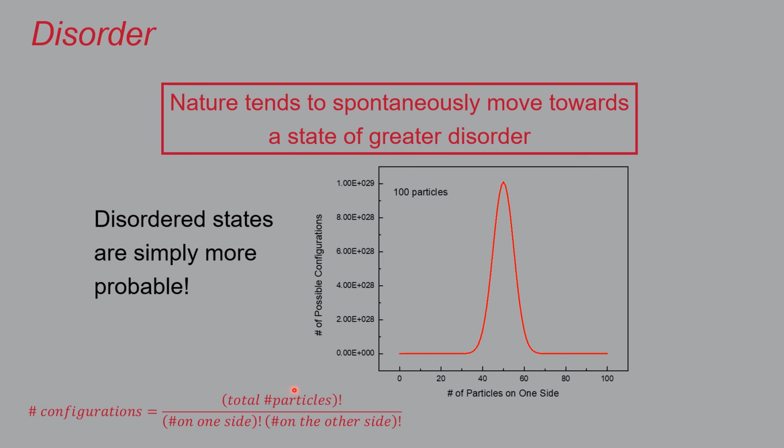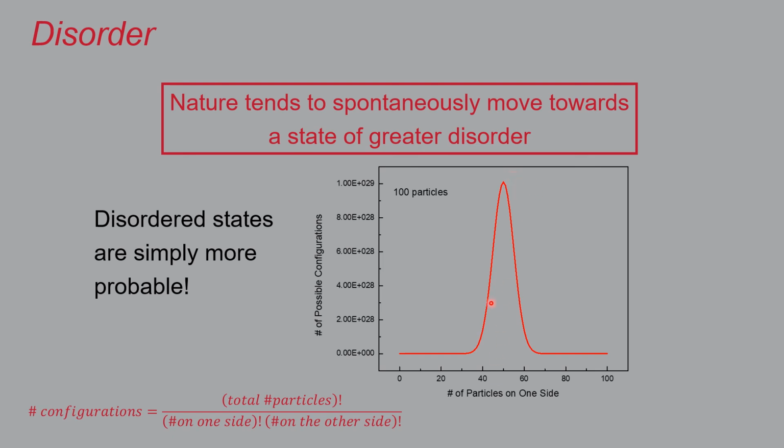So for 100 factorial, that is 100 times 99 times 98 times 97 all the way down to 1. And then divided by the number on the one side factorial divided by the number on the other side factorial. And that's how you get, in many cases, there's just one way, one distribution that gets them all on one side, one on the other, and 10 to the 29th of them where they are split up, where they're evenly distributed.